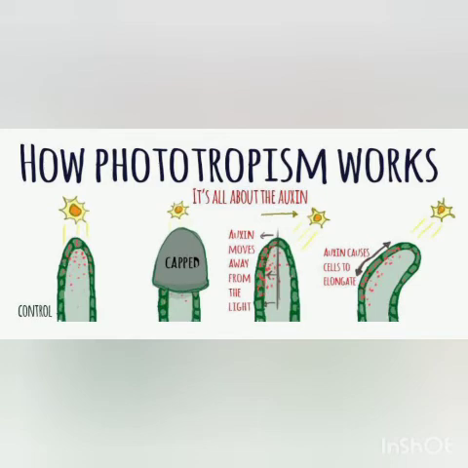So in the shady side, the concentration of auxin is more in the cells as compared to the cells which are present towards the light side. Due to the higher concentration at the shady side, the cells grow faster as compared to the illuminated side, causing it to bend towards the source of light.